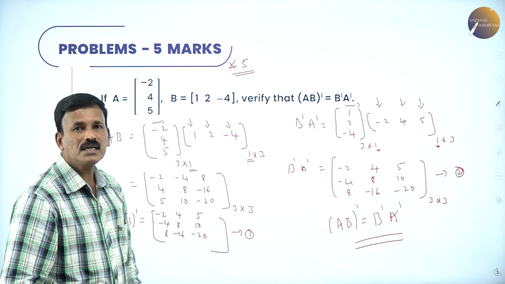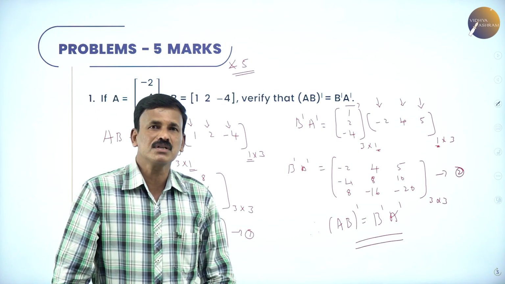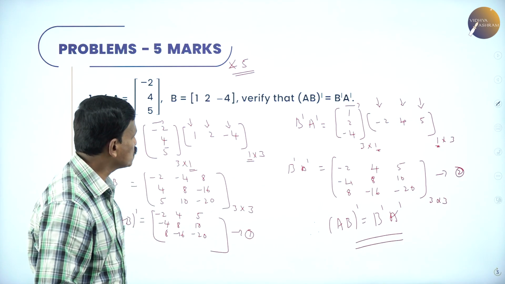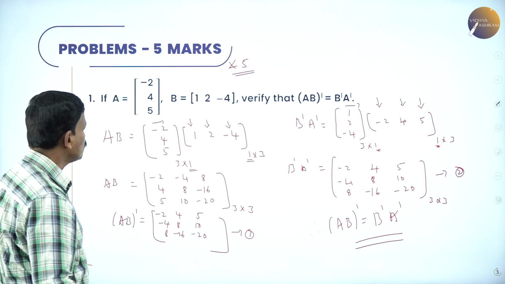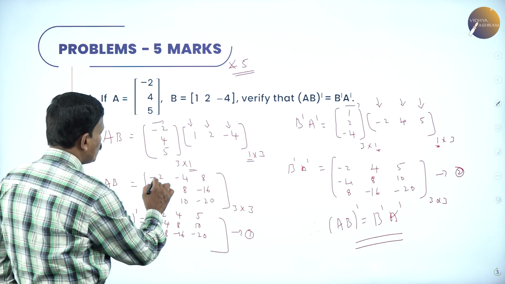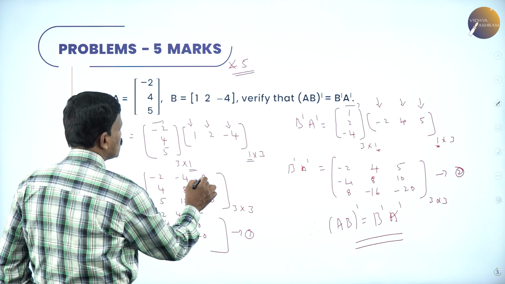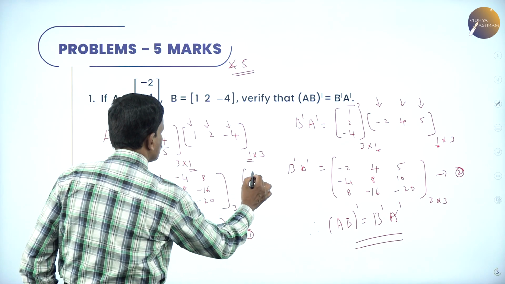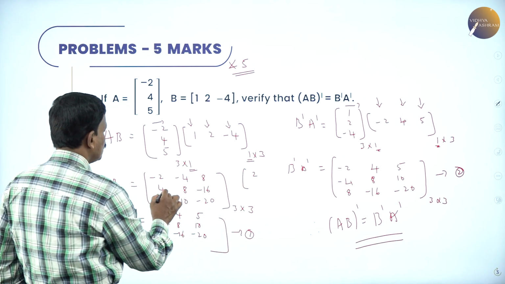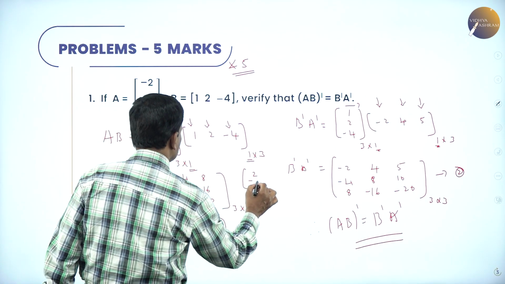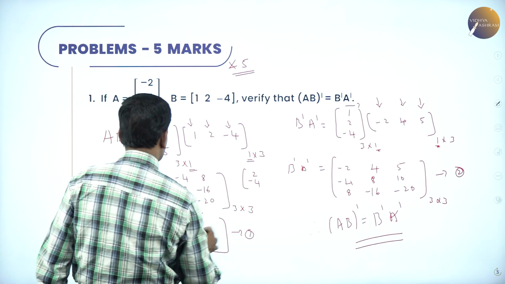So usually you will expect a question like this for 5 marks. So this is a little bit confusing. Don't get confused while solving this problem. Usually what students will do is they will add minus 2, minus 4 and 8. They will put minus 2 minus 4 is minus 6 plus 8 is equal to 2. Again they will add 8 plus 6 is equal to 12. 12 minus 6 is minus 4.